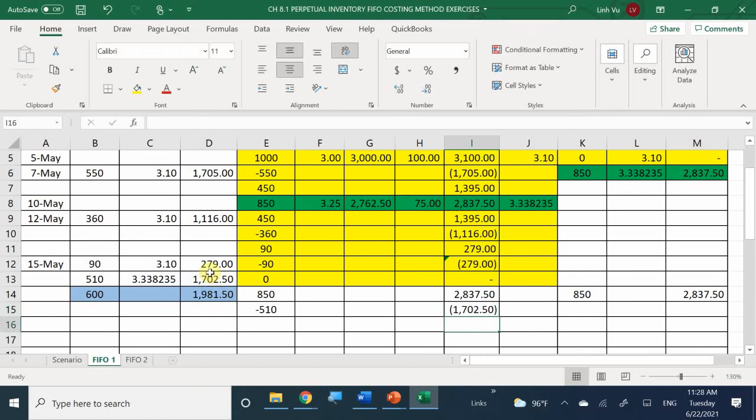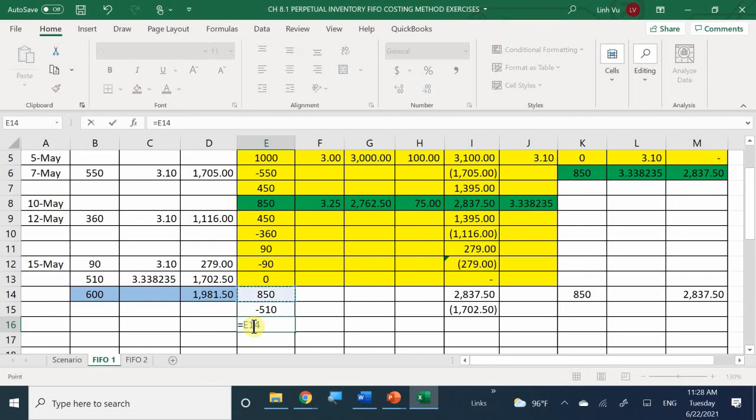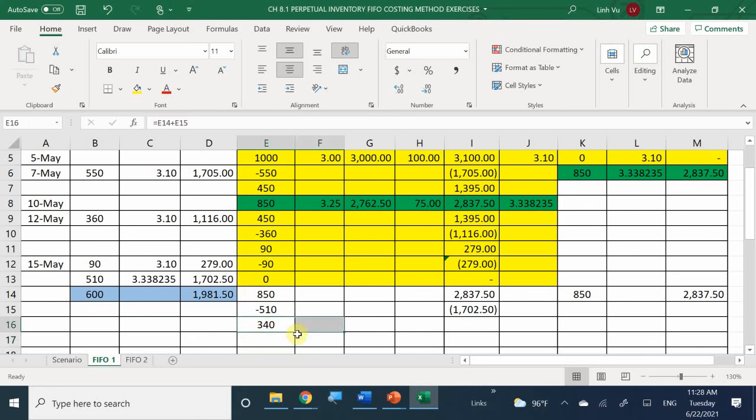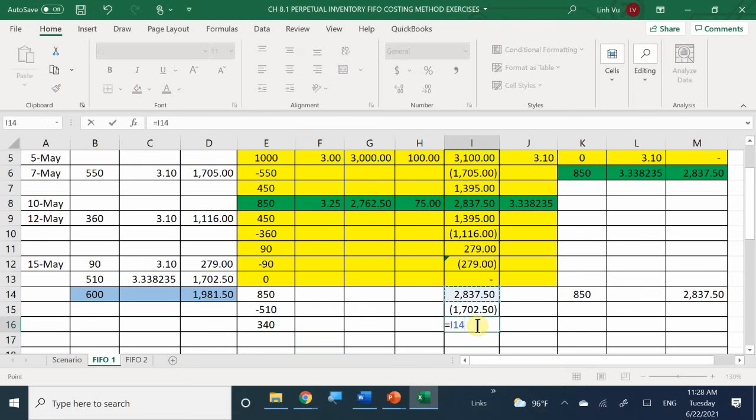So therefore, how much should I have left remaining? I should have 340 items remaining for my green batch.